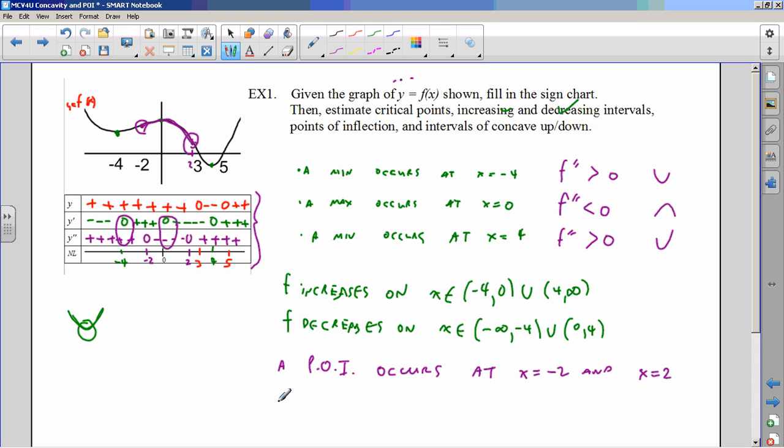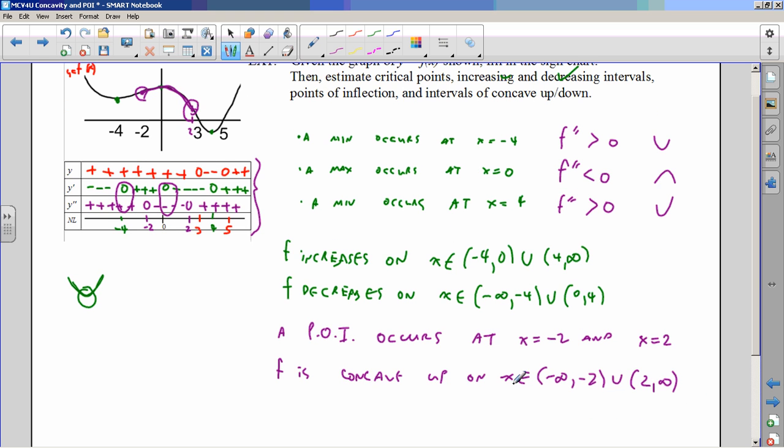So f is concave up when the second derivative is positive. In the middle.